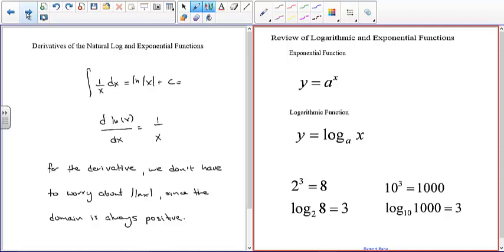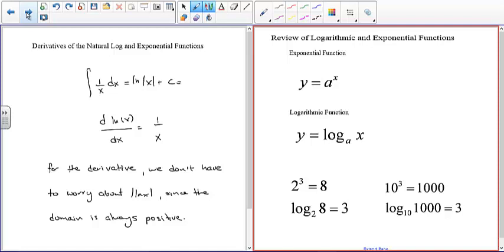And the corresponding inverse function, the logarithm function, is y equals the log to the base a of x. So you can write the relationship between three numbers, either logarithmically or exponentially.